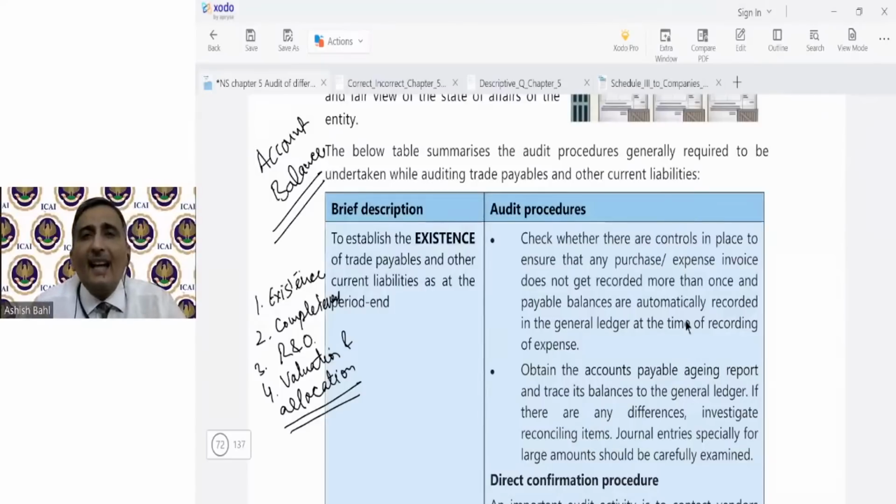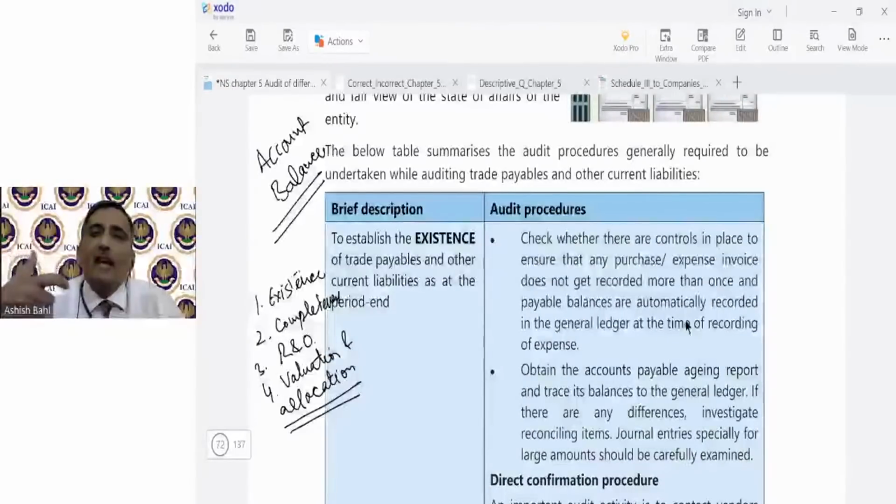So students, as I have been telling you, similar procedures in respect of trade, what we had studied in trade receivables also apply in case of trade payables. So what are those similar procedures? Again, sending direct confirmations.